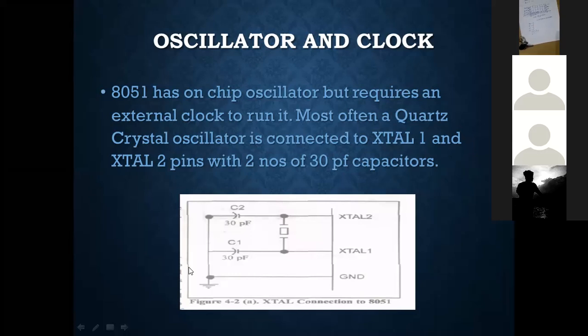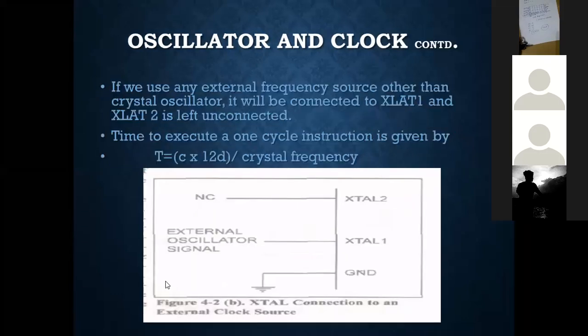But in practical circuit designing, there is no 30 picofarad capacitor available. The nearest one is 33 picofarad. So while circuit designing, you need to use a 33 picofarad capacitor. We cannot find 30 picofarads.